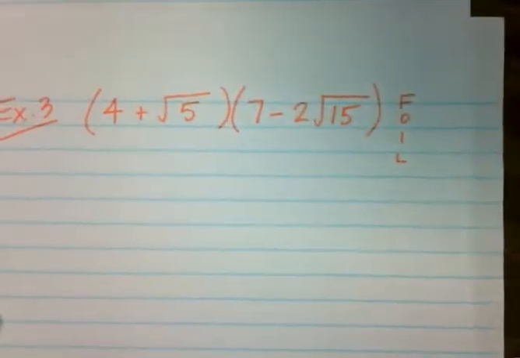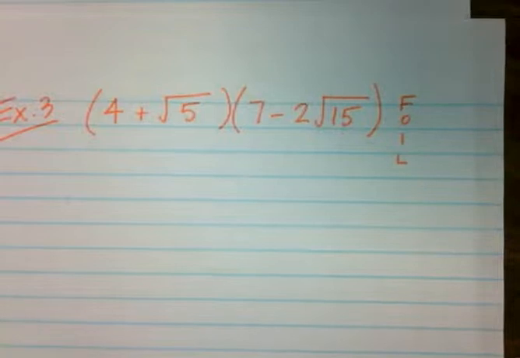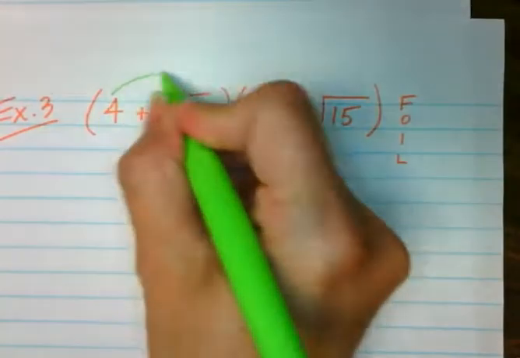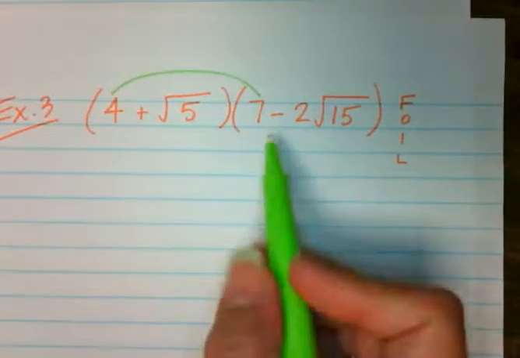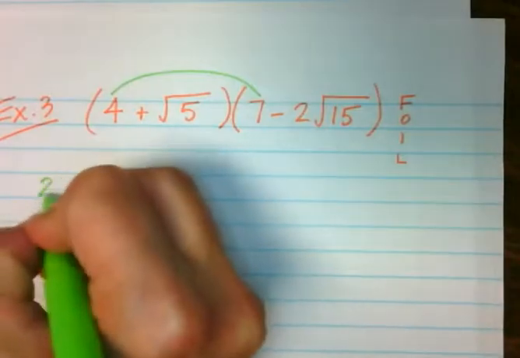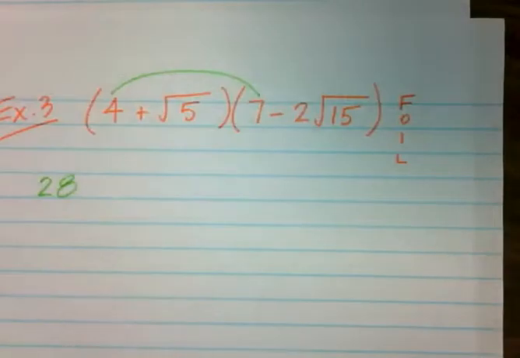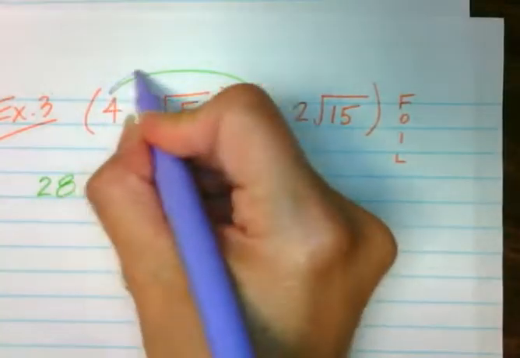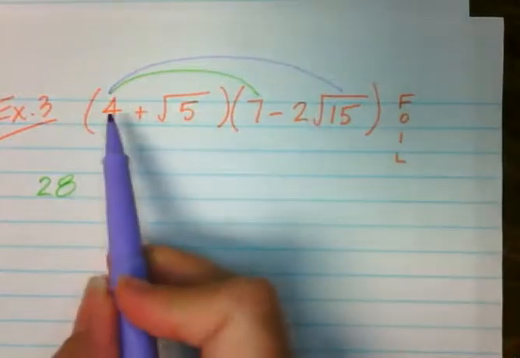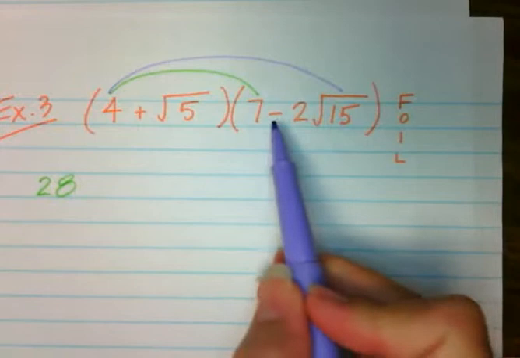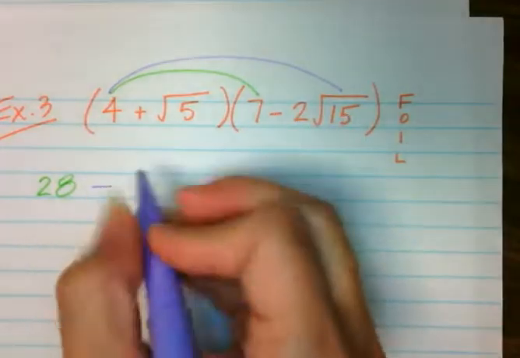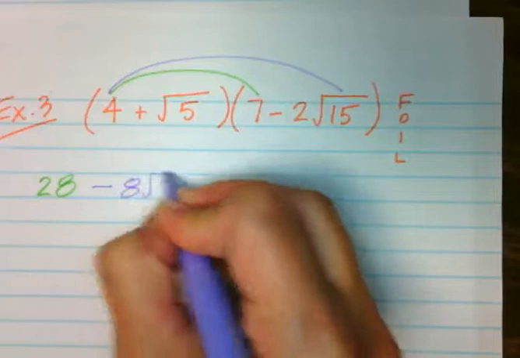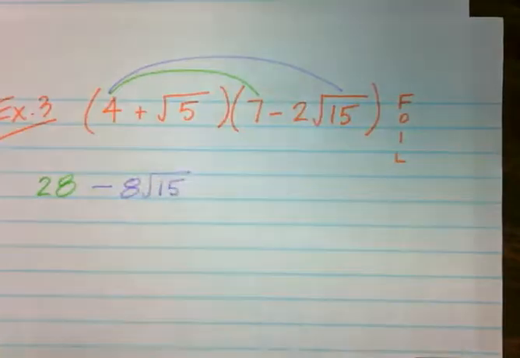week. So first thing that I'm going to do is a little bit of color coding here so you can follow where the numbers come from. I need to multiply the first terms together. So 4 times 7 is going to equal 28. All right. Next up, I need to multiply the outside terms together. So 4 times a negative 2 square root of 15 is going to be a negative 8 square root of 15.